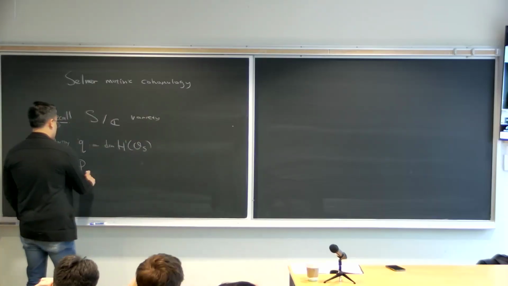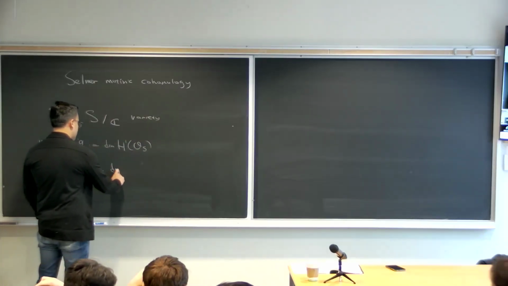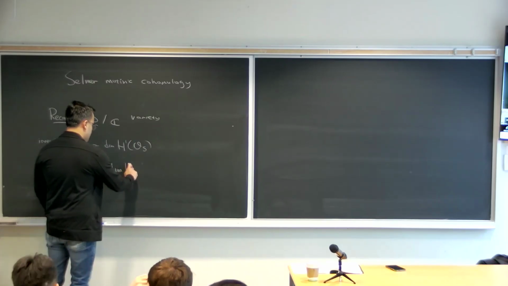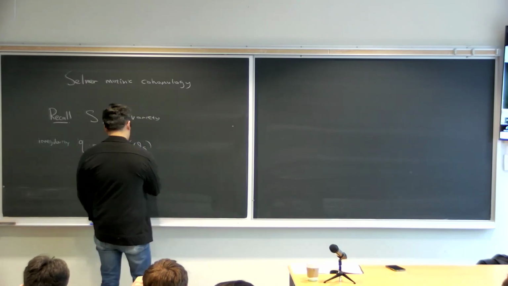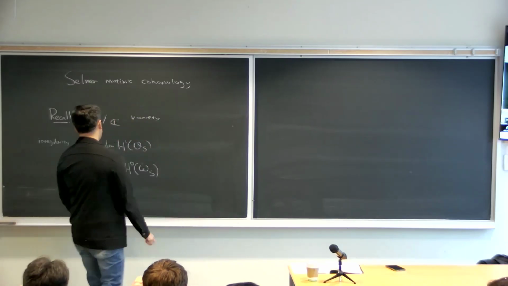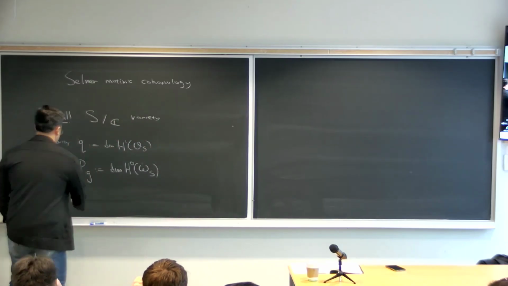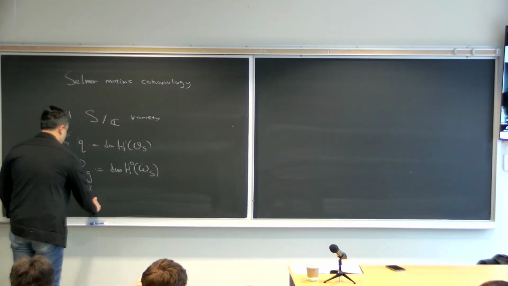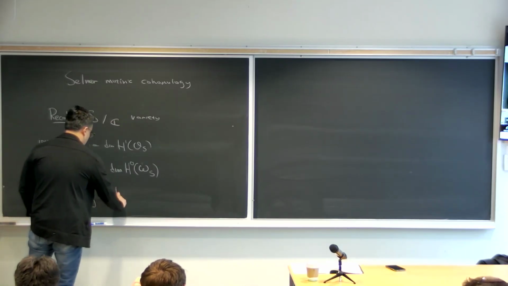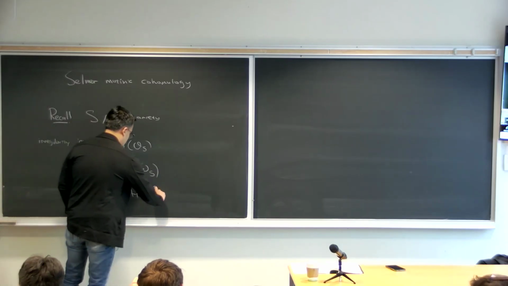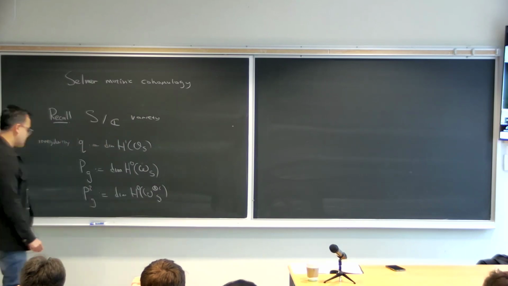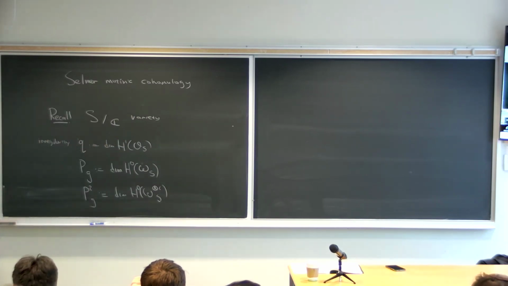Then there's p_g, the geometric genus, which is the dimension of H0 of omega_S. And there's also the second plurigenus, P_2, which is the dimension of H0 of omega tensor 2 of S. These are all invariants of algebraic varieties.